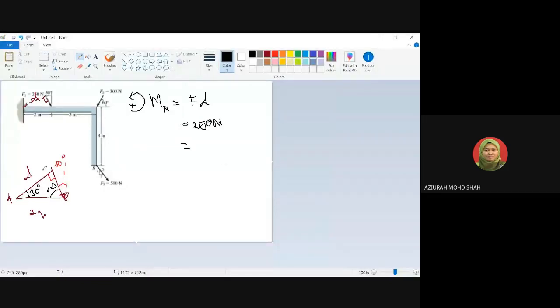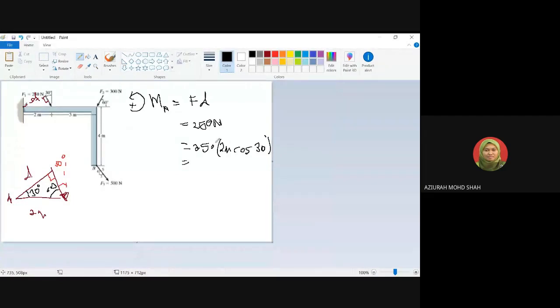So, the D should be given by 2 meter cos. Is it cos 60? No, it should be cos 30. So 250 Newton times 2 meter cos 30 degree.